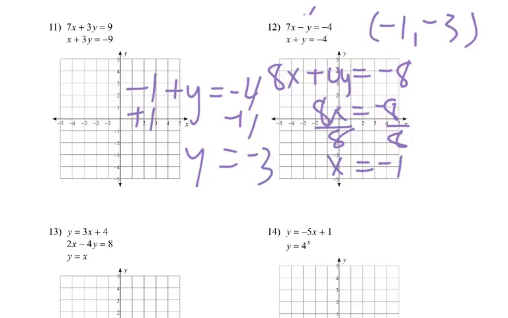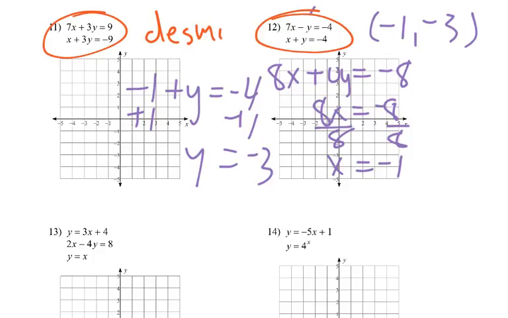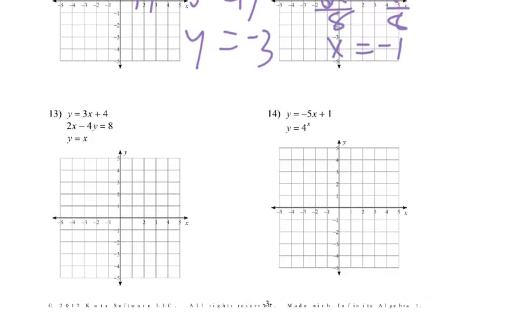Now, on all these equations that are in standard form, they're harder to graph by hand, but if we're using a graphing calculator or Desmos, they're easy to graph, and I would suggest probably doing that, because that would be really easy. Now, 13 and 14 are different, because they're not just two equations. 13 has 3 different equations. Okay, so there could be more than one answer.